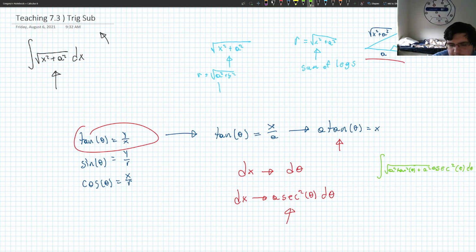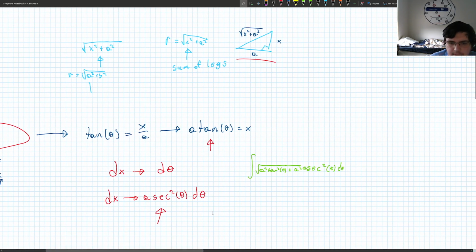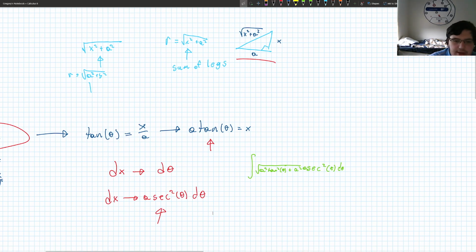Don't forget that a. You have to bring that constant there. And what we know from this, let me move this over to the side a little bit, is we can actually pull out this a squared. And then you'll see what the end goal is. So we're going to factor out that a squared.